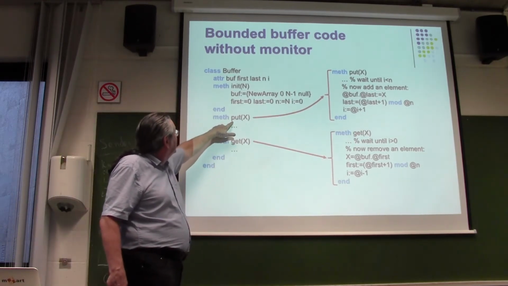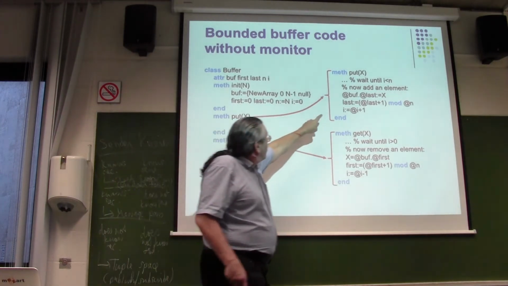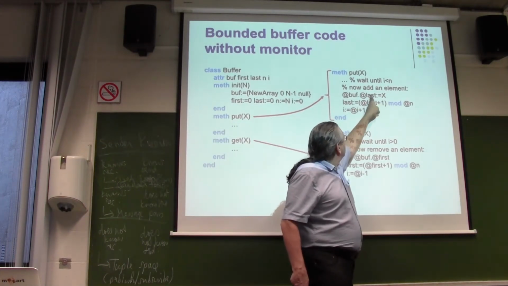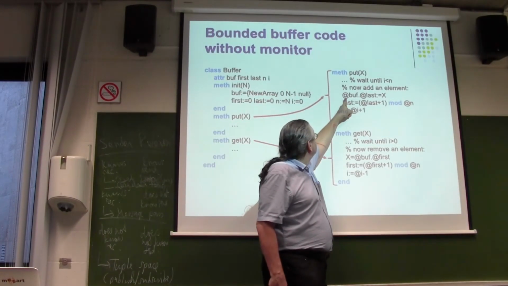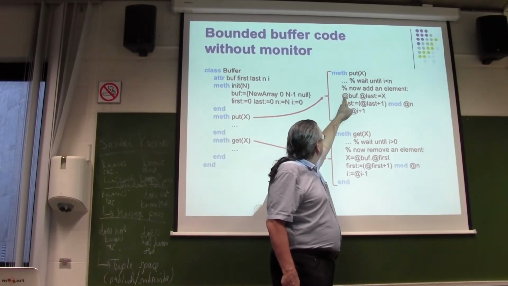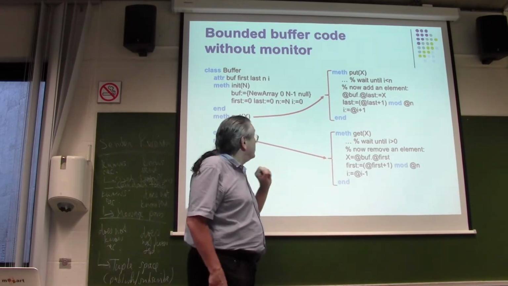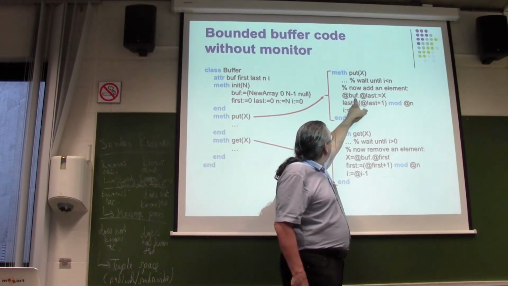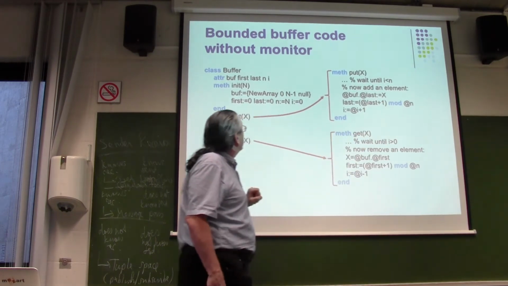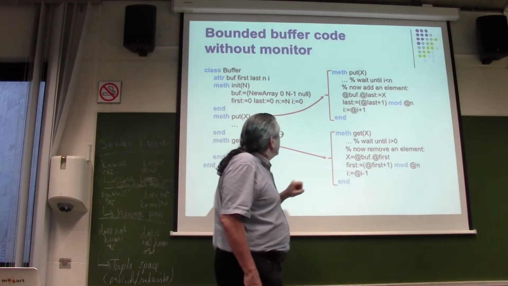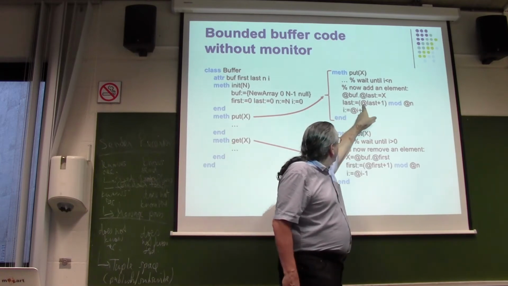So here's how it works. The put will put the element at the last position. Notice you have to use the read symbol always for accessing. So the array buff dot last colon equal x. And then I increment last.